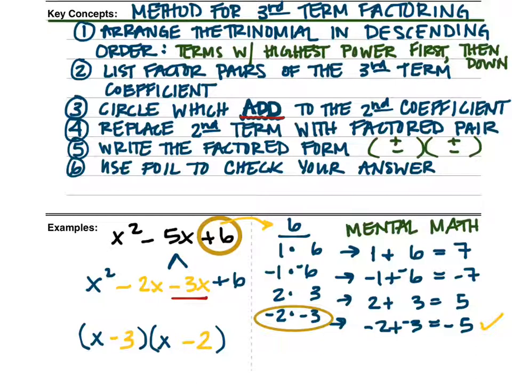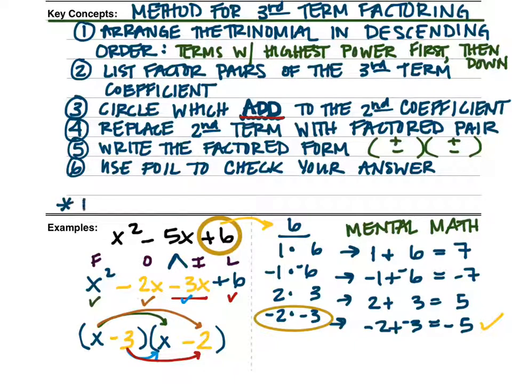The check for FOIL is x times x, those front terms. In fact, that's true. X times -2, yep. The inside terms, yep. And those last terms. Again, this is FOIL for front, outside, inside, and last.